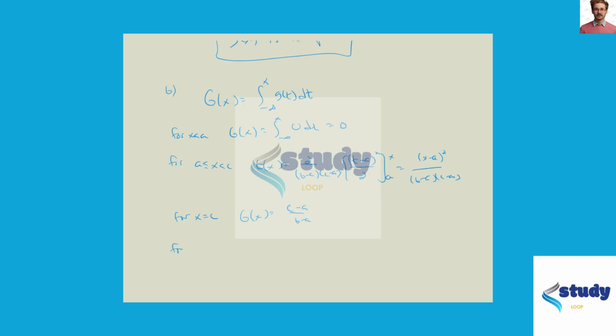And finally, for x between c not included and b included, it would be the integral from negative infinity to a of 0 dt plus the integral from a to c of 2 times t minus a over b minus a times c minus a dt plus the integral from c to x of 2 times b minus t over b minus a times b minus c dt, which would be equal to c minus a squared over b minus a times c minus a plus 2 over b minus a times b minus c times the integral of bt minus t squared over 2, evaluated from c to x.